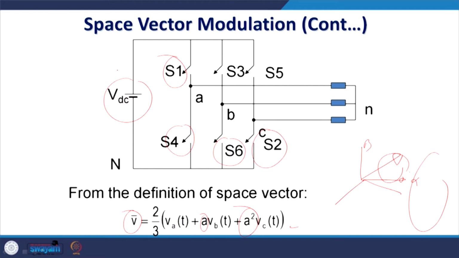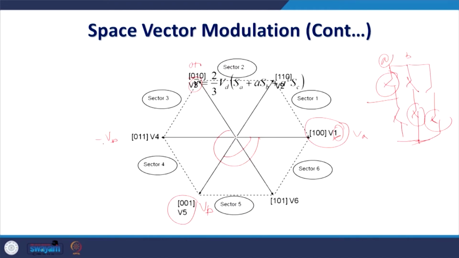Similarly, others follow. So, it will be minus A, sorry, extremely sorry. Similarly, this one is B and this will be minus B, and this one will be C and this one will be minus C. And thus it has been split into 60 degree sectors.